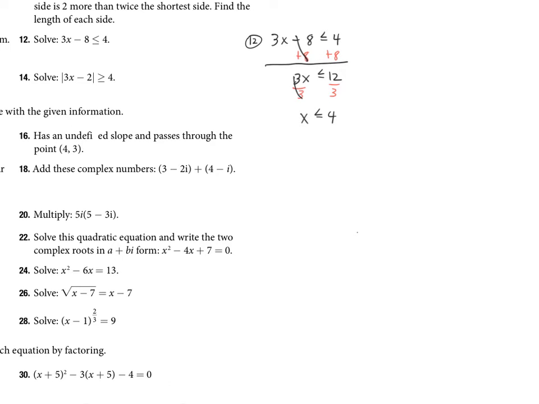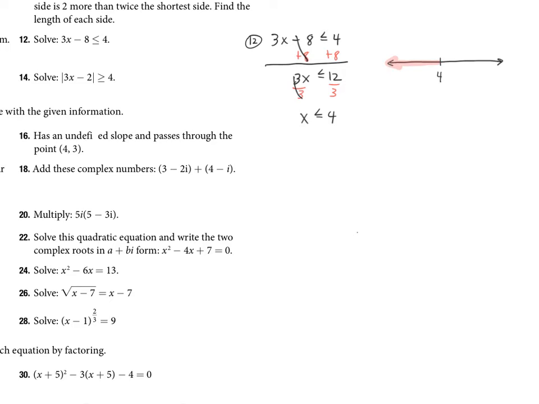So that's solved. It doesn't tell us to do anything else, but you should know how to graph that on a number line, and you should also know how to write it in interval notation. So I'm going to do both of those things as well. On the number line, you put your boundary point. Since this says it's less than or equal to 4, the numbers less than 4 are to the left.